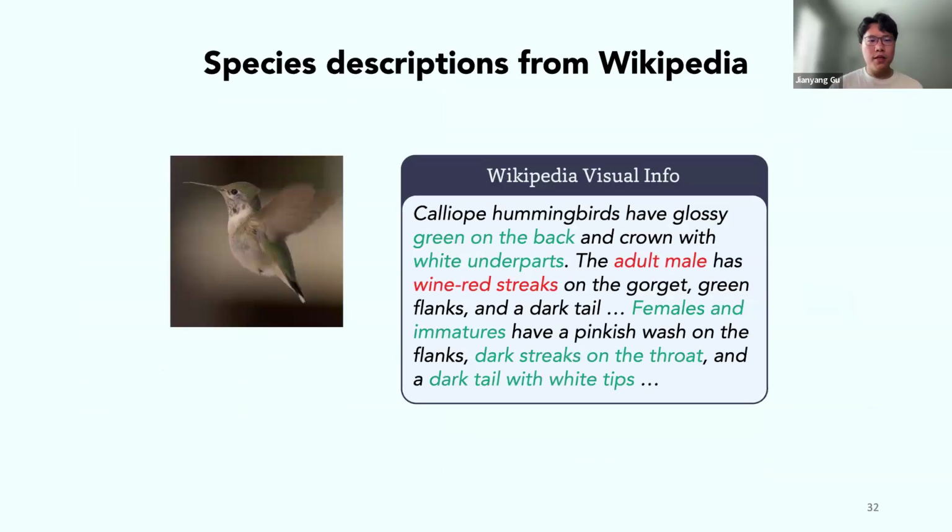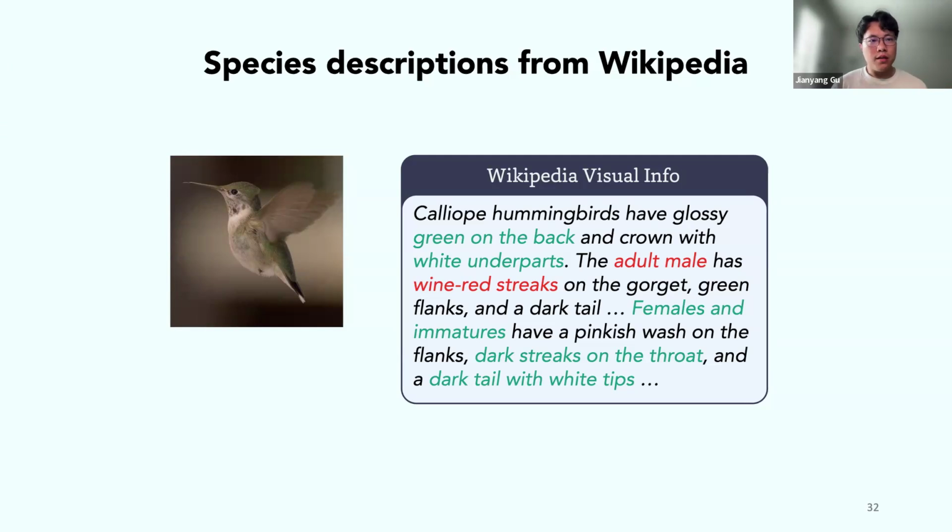We know that Wikipedia can be a really good source for these species descriptions. For example, for this hummingbird, Wikipedia has very detailed visual information. However, we cannot directly use it in our training because this information is generic. It is not specific to each image.